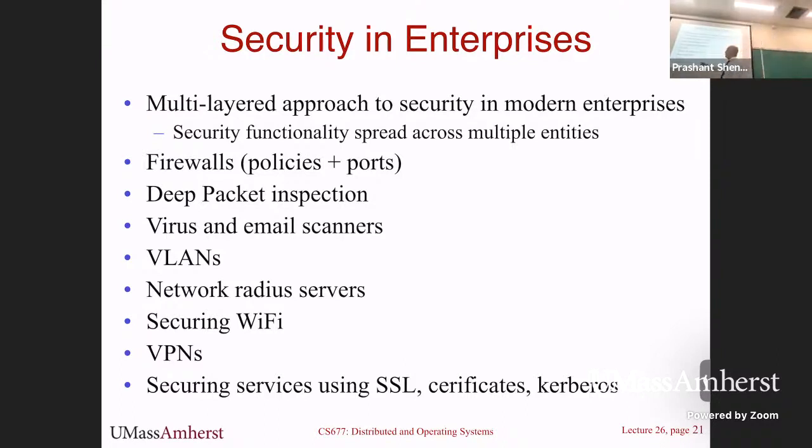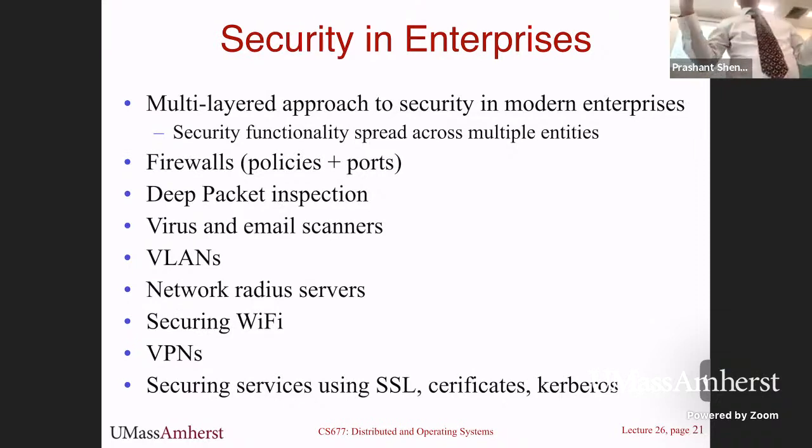You can also have network isolation through a technique called VLAN, or virtual LAN. Think of a virtual LAN as taking one LAN or one wire and constructing multiple LANs on it. Just as we virtualized machines using VMs, you can also virtualize networks using virtual LANs.